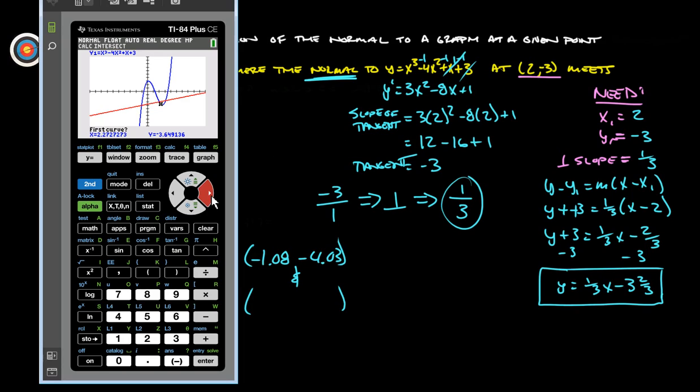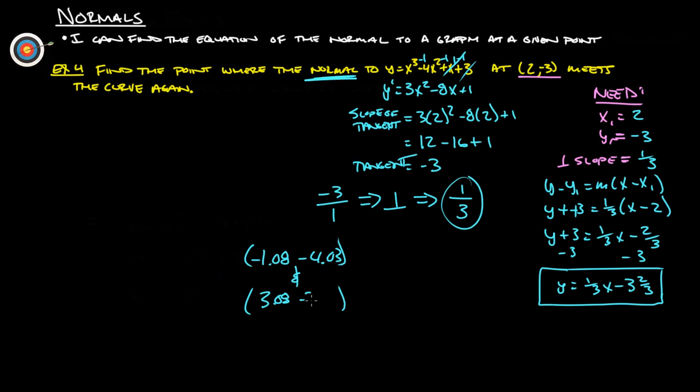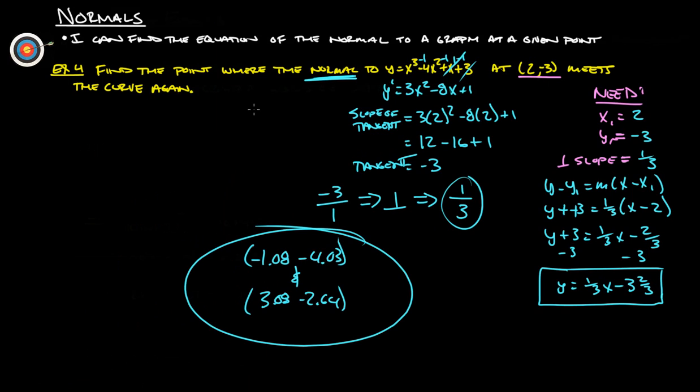We want to find this other one, so I usually like to move it a little bit past. I'm sure there are no other intersection points over here. So first curve, enter, second curve, enter, guess, yes. And it gives us 3.08 and negative 2.64.